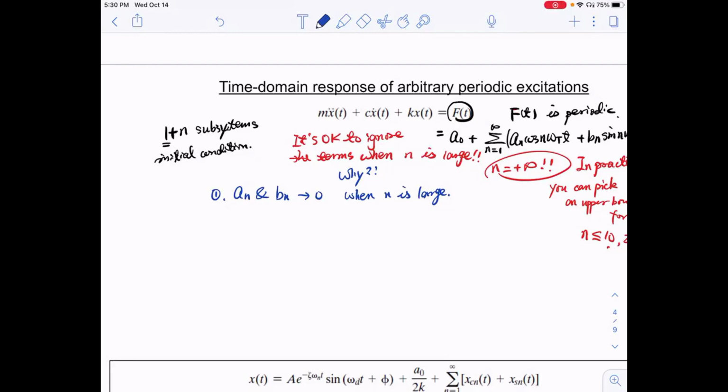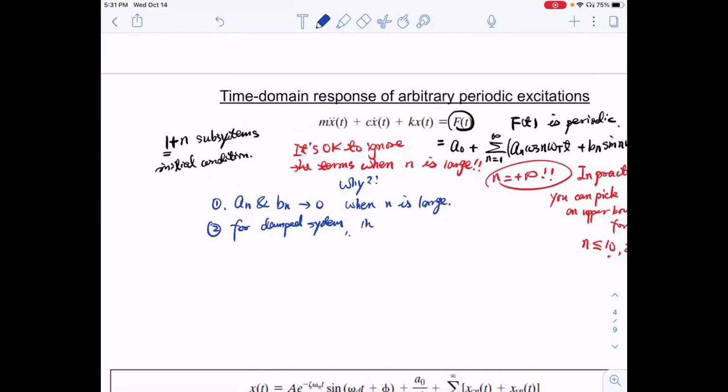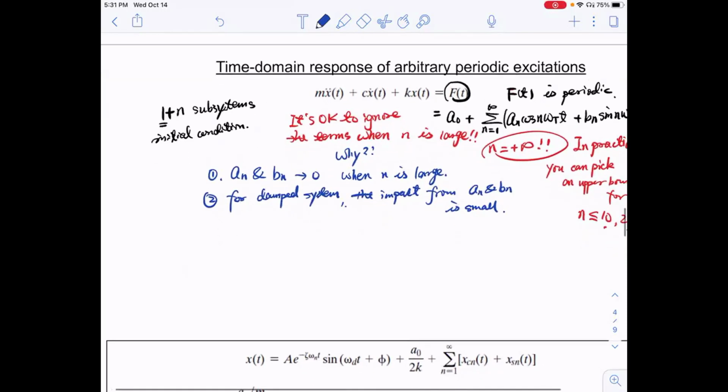All right. The second reason is for a damped system, the impact from AN and BN is small. Then we have to go back to our Bode plot.